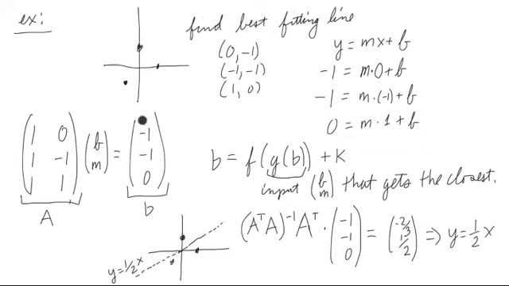This is what we're trying to hit, and we're not going to quite hit it, because if we did, then all the points would match, and b would actually be in the plane that we're after. But we want to get the closest.